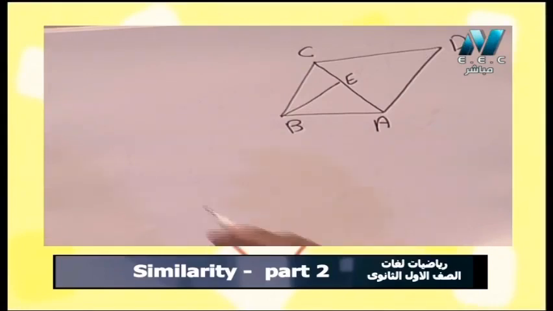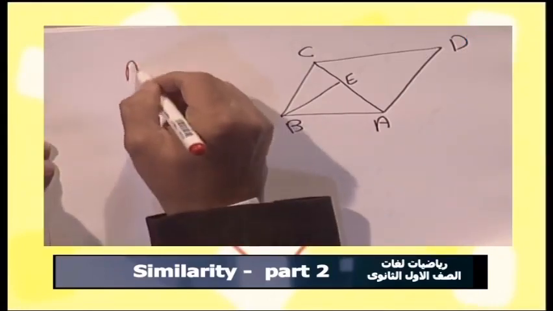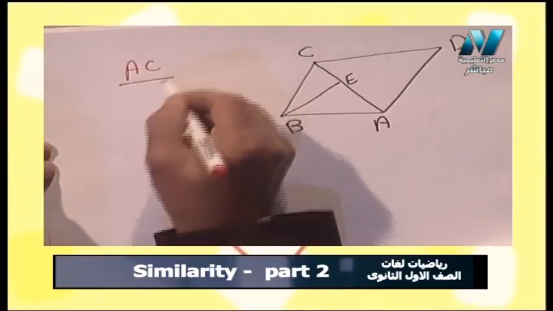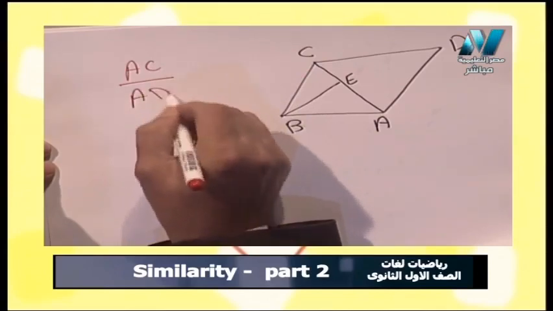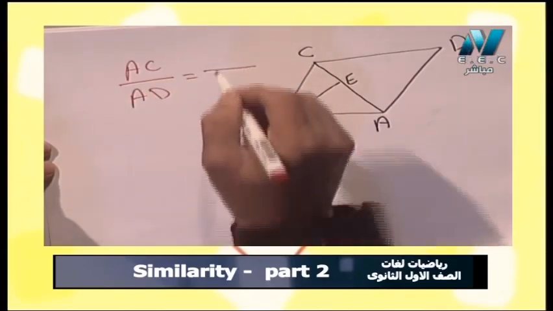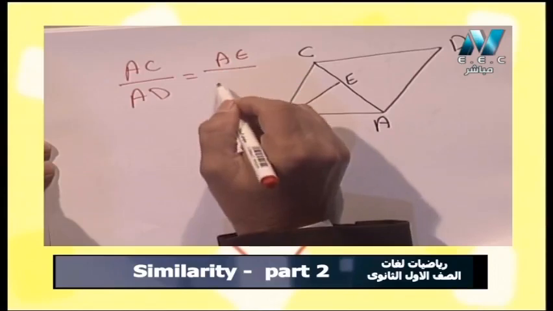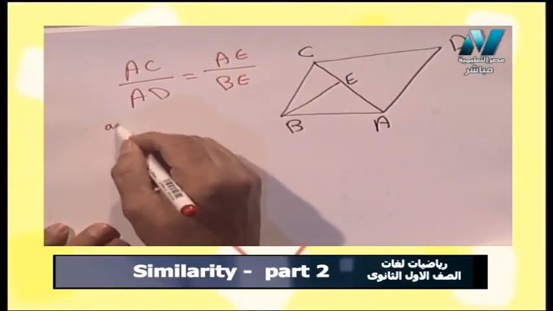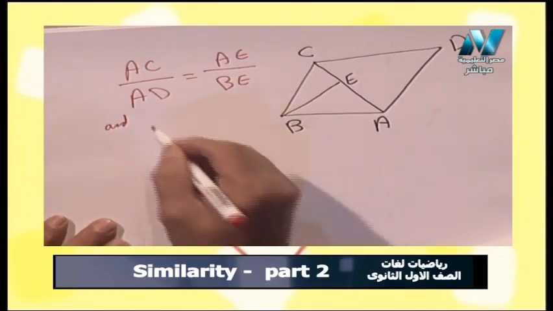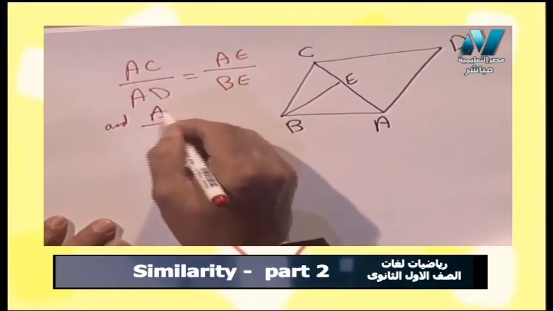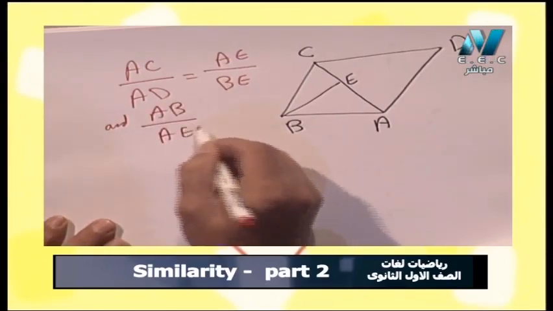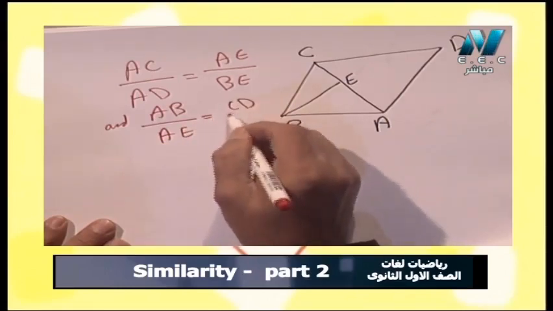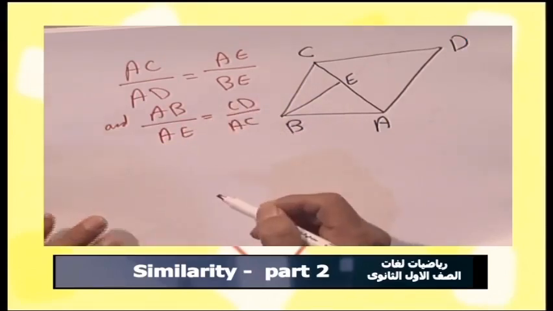He gave me that the ratio AC over AD equals another ratio, which is AE over BE. And we have another ratio, which is AB over AE equals CD over AC.